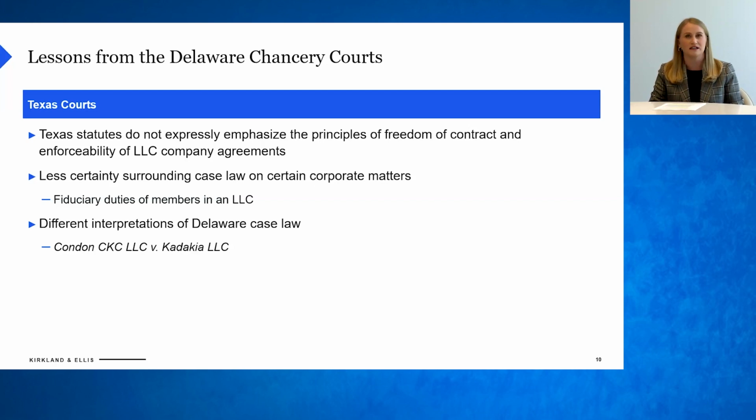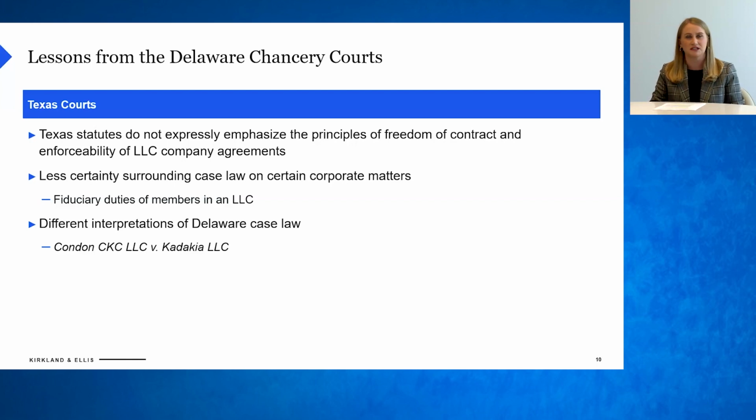The popularity is there for a reason. And so we're taking a look at those courts to see how our Texas business courts will function.